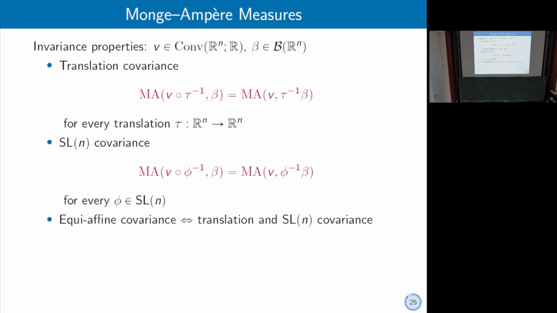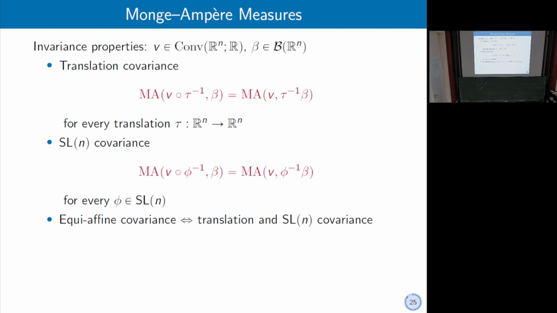And this Monge-Ampère measure has nice properties when it comes to geometric transformations. In particular, it's translation covariant, which is just how this is defined here. Move the function and the set where you look at the measure, of course, this is connected, and it is SL(n) covariant, which easily follows from the definition I've given before. So the SL(n) behaves like that for Monge-Ampère measure.